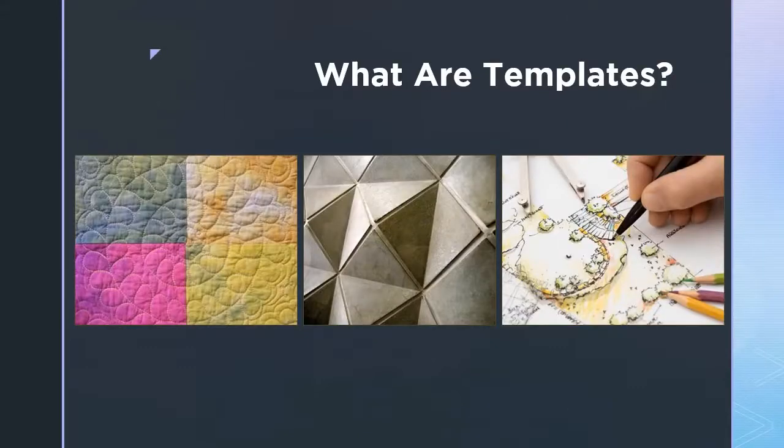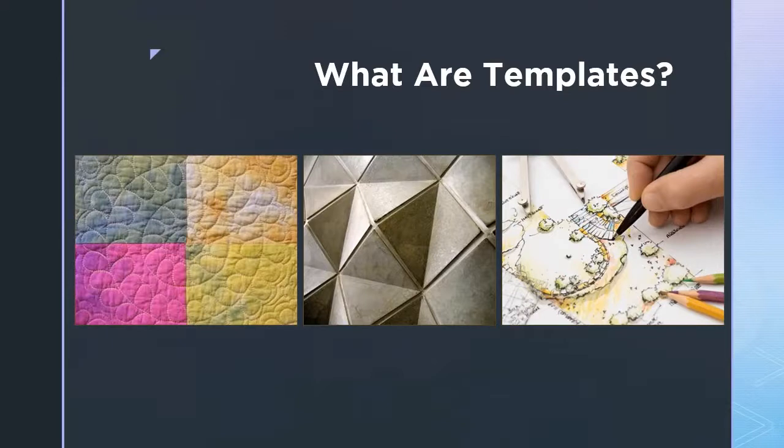So what is a template? Well, a template is simply a pattern, and if you've done some quilting, you've probably seen a template for quilting. But it's not only there, you could also use templates for working with wood or working with metal. You may have even used a template in creating, say, a pattern or an idea of how you want to lay out a garden.